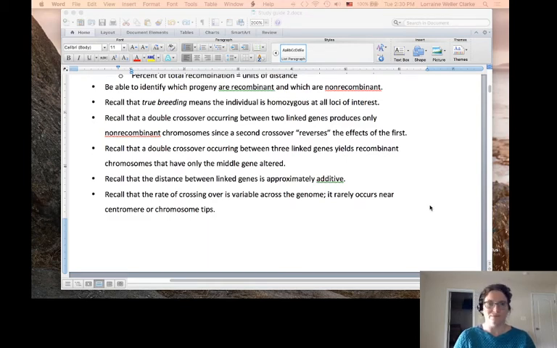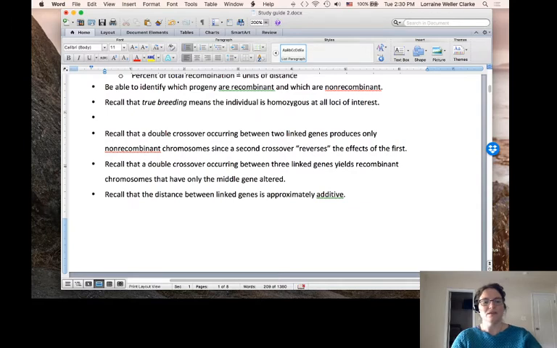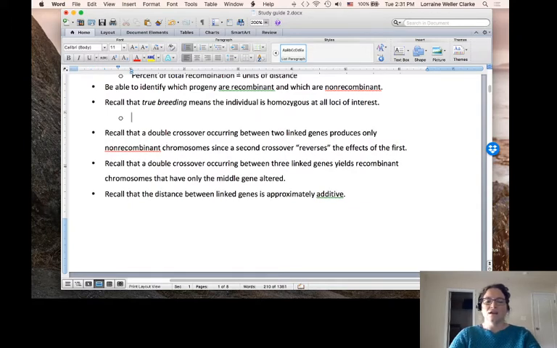Okay, for the true breeding. True breeding, I'll type it in here because you guys can see this too. True breeding would mean something like AABB or aabb. That's what true breeding is. So if I say something is true breeding for all recessive, then I mean it's homozygous recessive for every single gene that I mentioned.